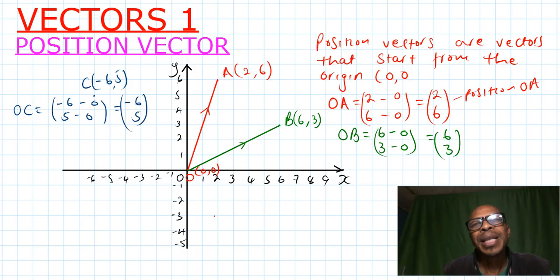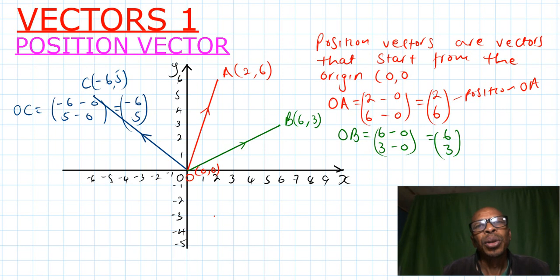So there's something you can note here. We started with OA. The coordinates of A are 2, 6. The position vector OA is 2, 6, but now in column form or vertical form. The coordinates of B are 6, 3, the position vector is 6, 3. That is the vector OC.